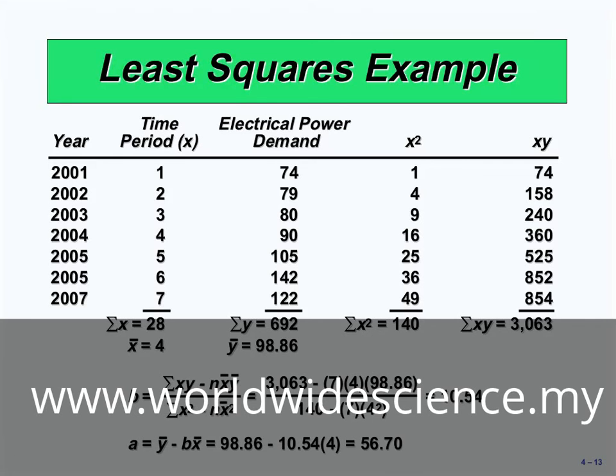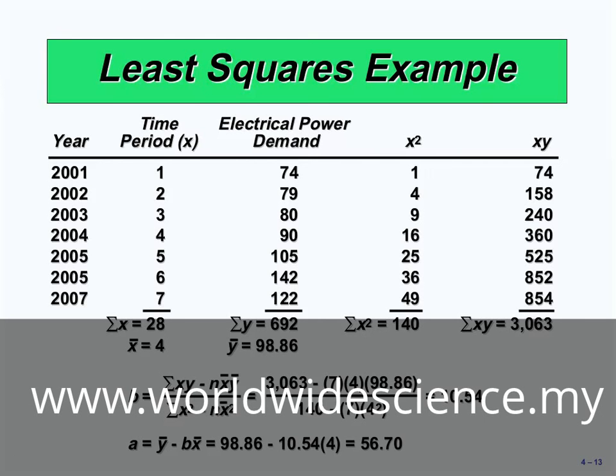X is 1, 2, 3, 4, 5, 6, 7. They are X here. For our convenience, we allocate an easy and basic number to each year. X here is year, for example, 2001, 2002. But because 2001 and 2002 cannot be used directly in this formula, for our convenience, we allocate a number that begins from 1 to each year.